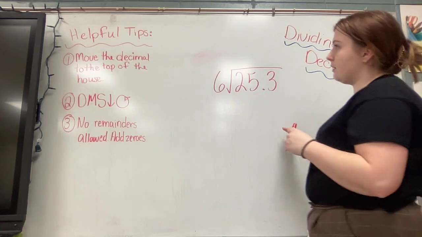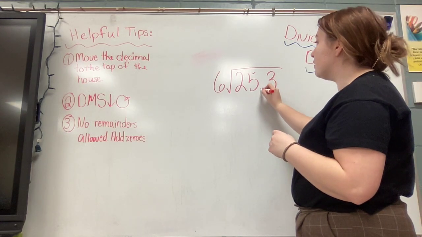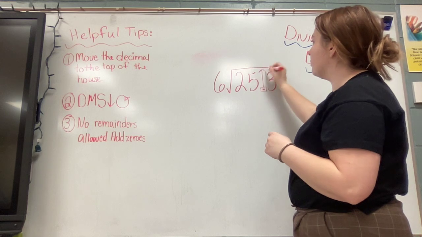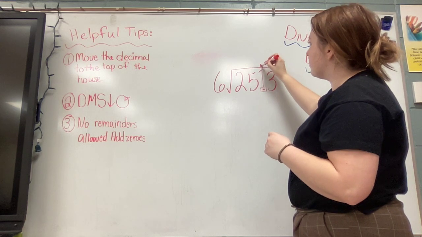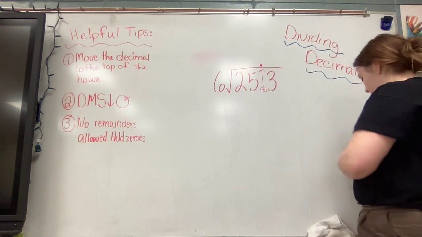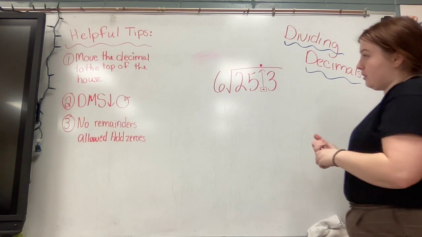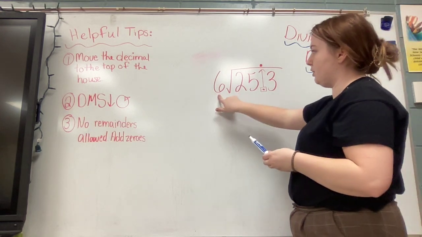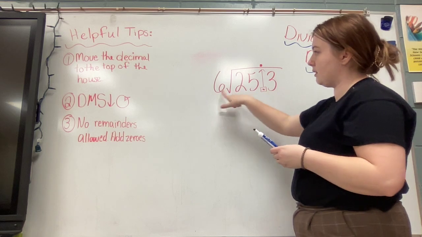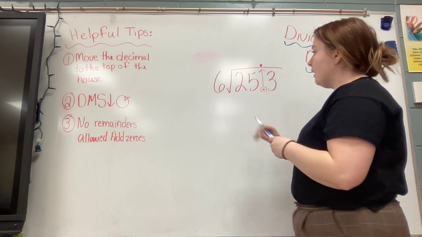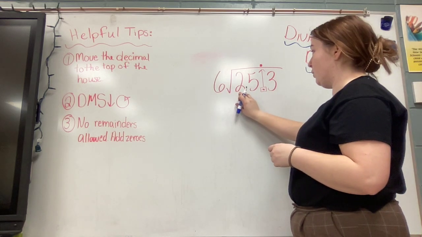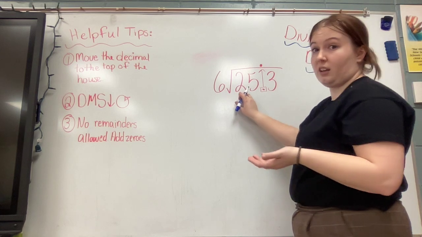The first step is to bring your decimal up. So I'm going to put my decimal on top of my house, and now I'm going to begin. I start with my first digit in my dividend, because I only have one digit in my divisor. 6 goes into 2. It can't, right?